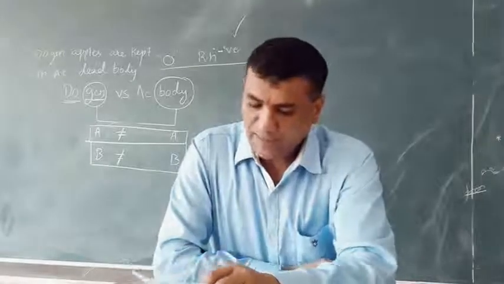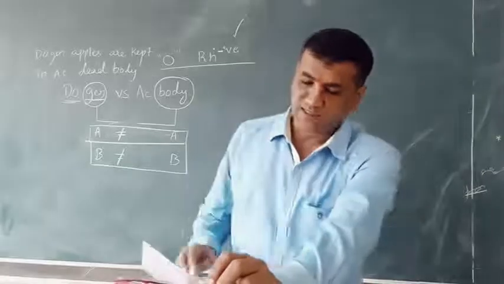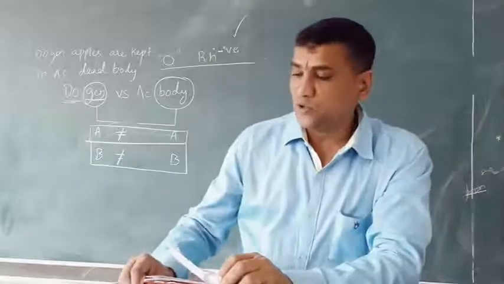Next, how many pairs of autosomes are found in humans? Generally 22 pairs.